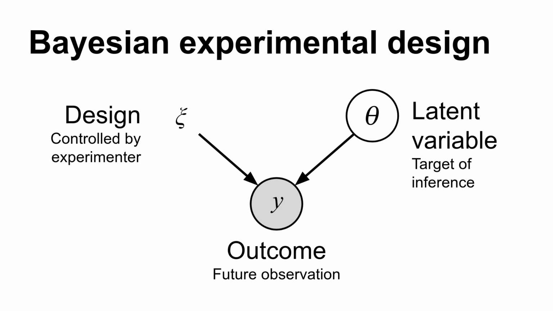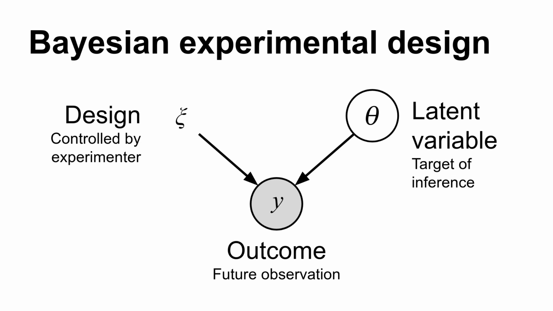And then we have the design, which isn't a random variable, that's just a parameter directly under our control. Together these produce the outcome, the answer to the question, the observation of our scientific process. And from the outcome, we're going to work back and do inference on theta.